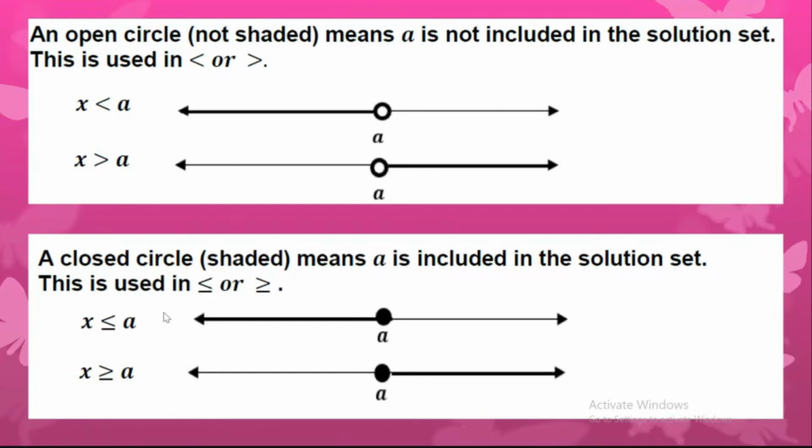So if we have x is less than or equal to a, then we have the solutions a and all numbers to the left of it. But if we have x is greater than or equal to a, then we are considering all numbers, including that number a and all numbers to the right of it. So that's the graph of a linear inequality in one variable.